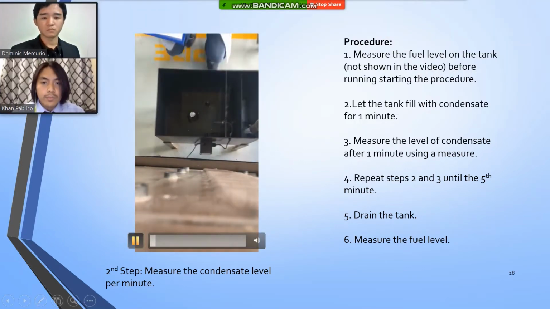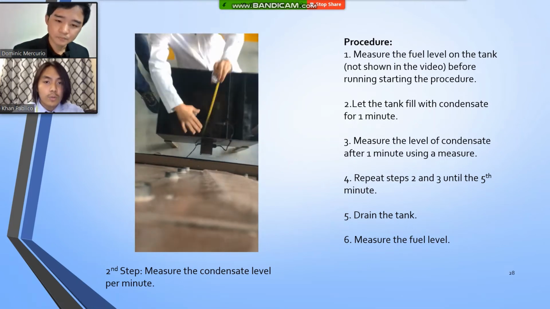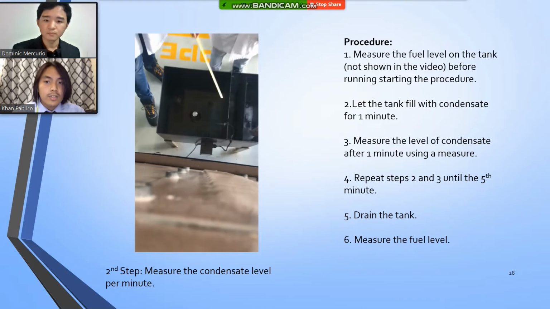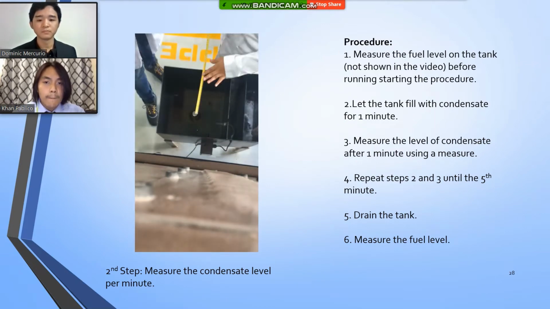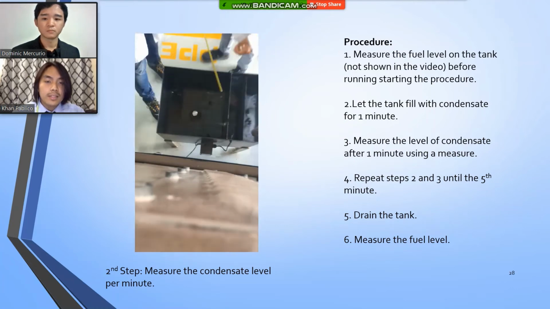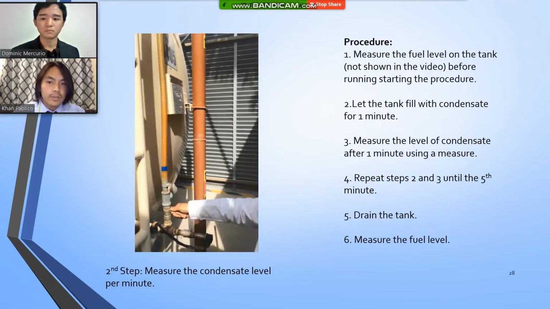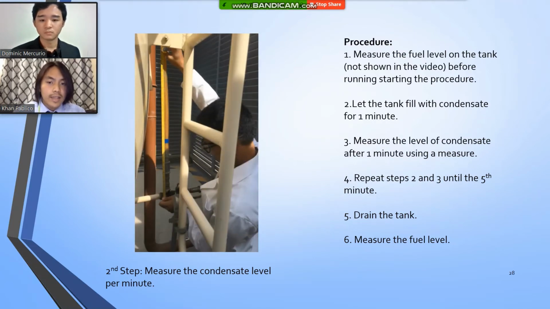However, we started by letting the tank fill with the condensate for 1 minute. This condensate is then measured using a measuring tape, and we repeated this step until the 5th minute, so it has 5 intervals. And now we drain the tank and we measure the fuel level of the tank to see the fuel difference between operation and non-operation.